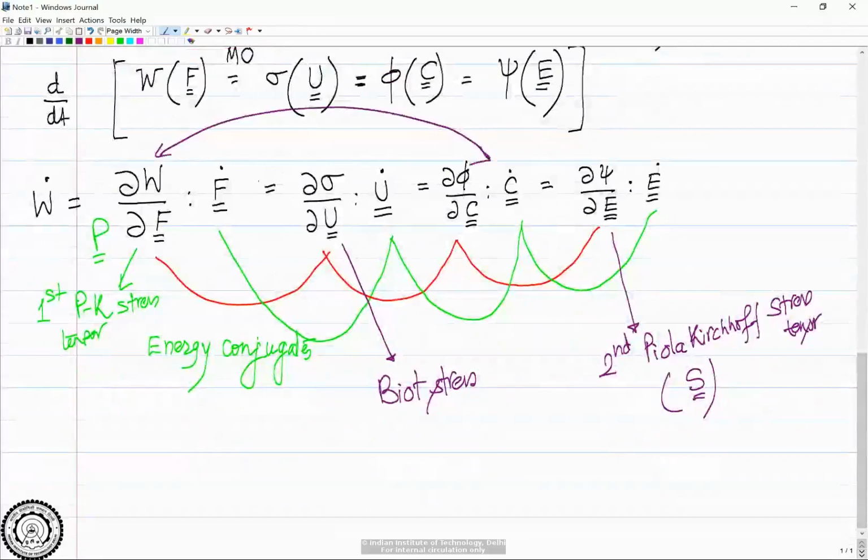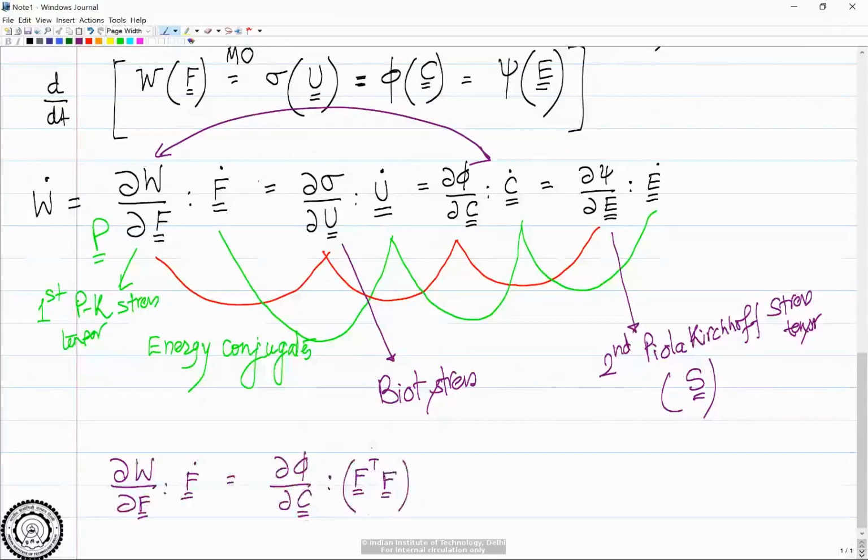It's going to be del W over del F double contraction F dot, and that is equal to del phi over del C double contraction C dot. And then you plug in the formula for C in terms of F. So it is F transpose into F, whole dot.